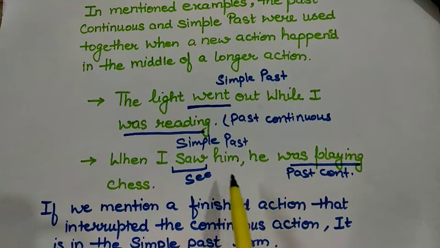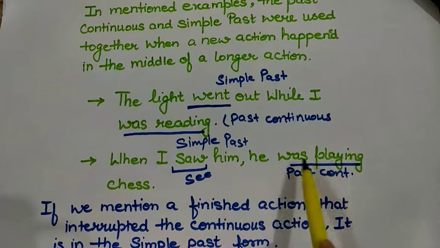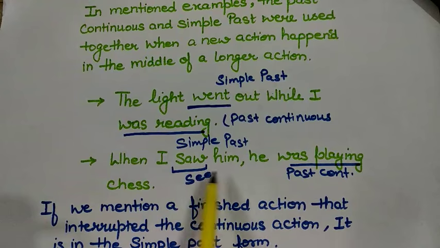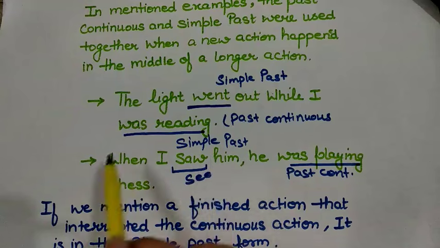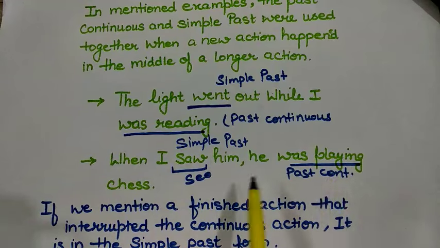You see, when I saw him, he was playing chess. Playing chess is past continuous tense, and this action was actually happening. And when I saw him, this action is interrupting the continuous action.